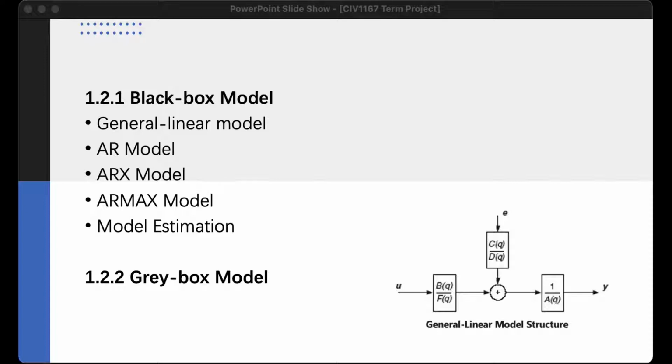For the black box model, determining the delay and the model order for the parametric model is typically a trial and error process. The following is a useful set of steps that can lead to a suitable model.